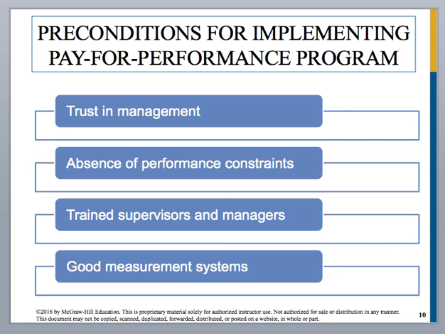Absence of performance constraints. Jobs must be structured so that an employee's performance is not hindered, is not hampered, it is not negatively impacted by factors beyond their control. Trained supervisors and managers, they have to be trained based on the setting and in measuring performance standards.